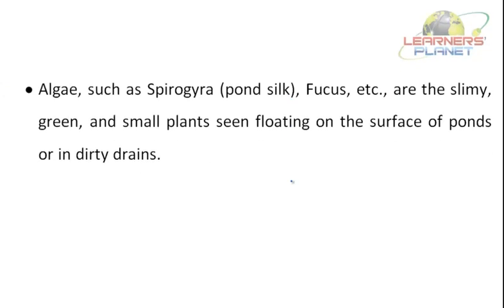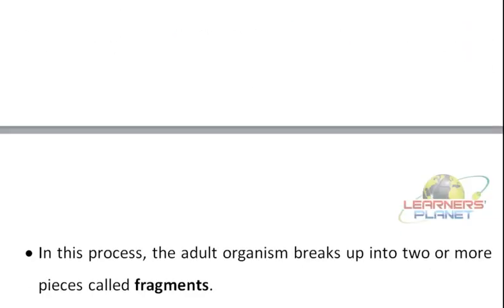So basically, algae such as Spirogyra, which is also popularly called as pond silk, fucus, which is also a type of brown algae, etc., are the slimy, green and small plants which are seen floating on the surface of ponds or in dirty drains, and they reproduce asexually by fragmentation.